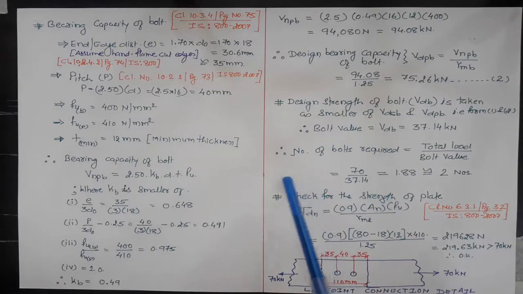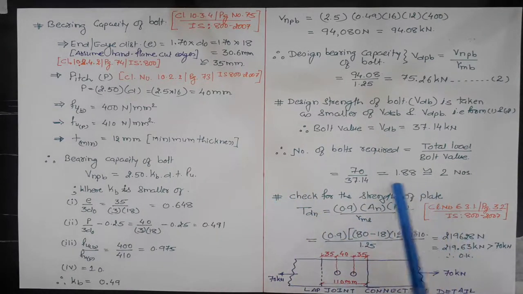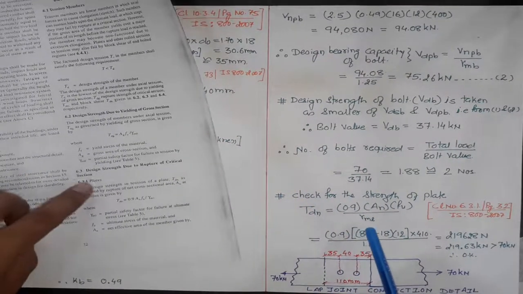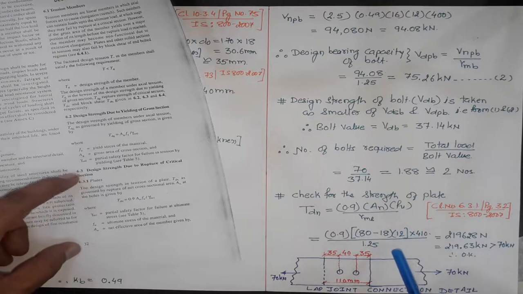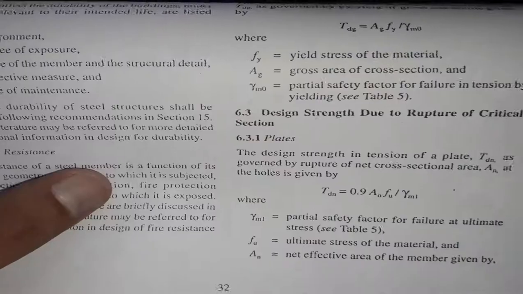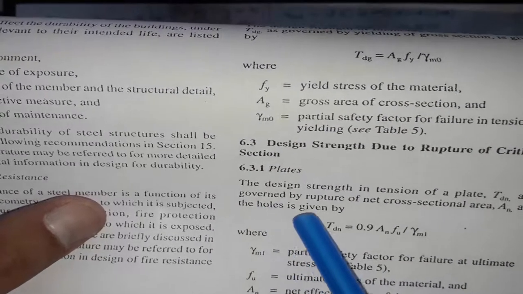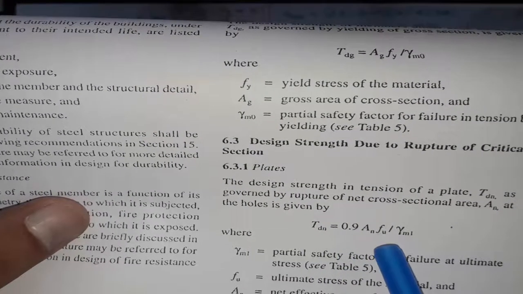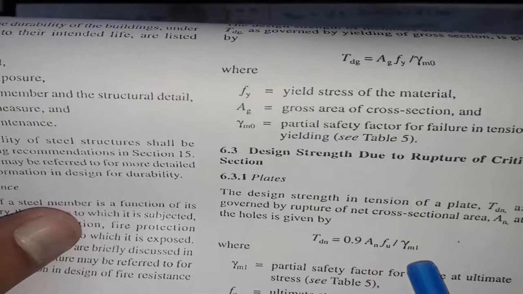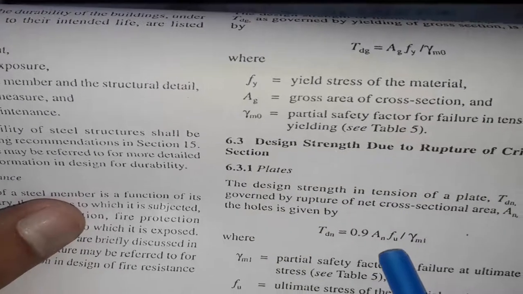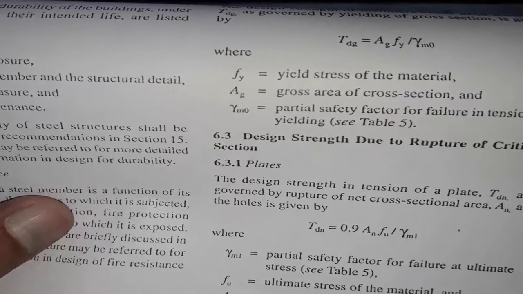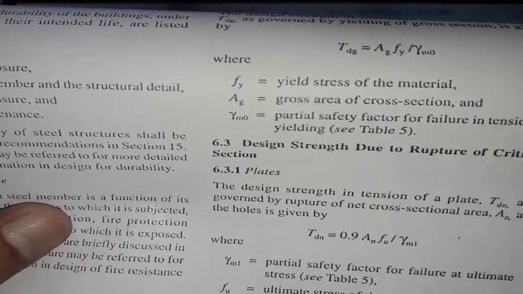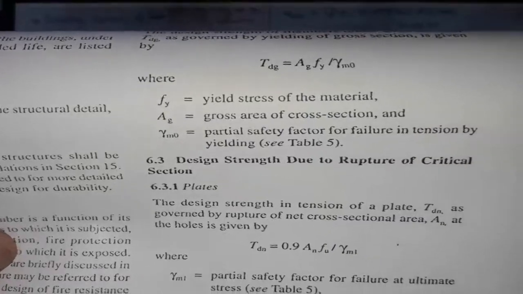Now we are supposed to check the strength of the plate in tension. It is given in clause number 6.3 of page number 72. As per this clause, the design strength in tension of plate Tdn is 0.9 An fu upon gamma ml, where An is the net effective area of the member and fu is the ultimate stress of the plate material.